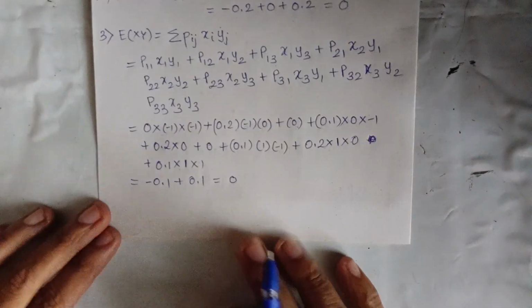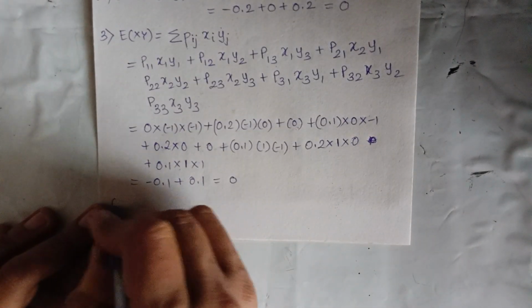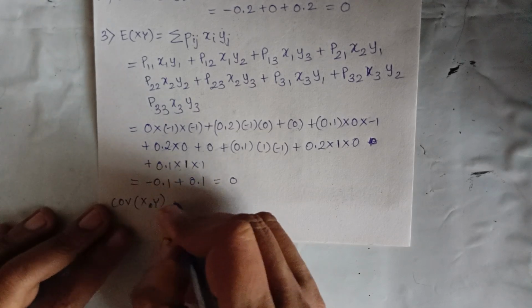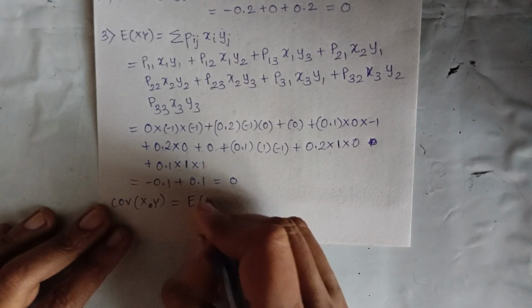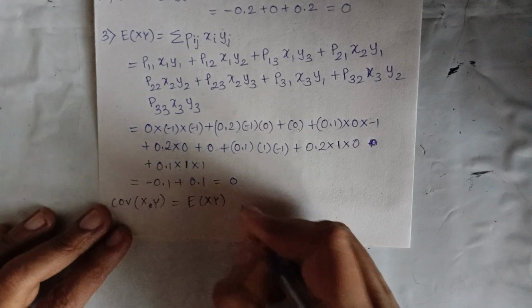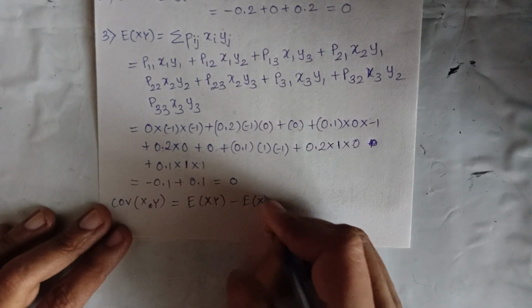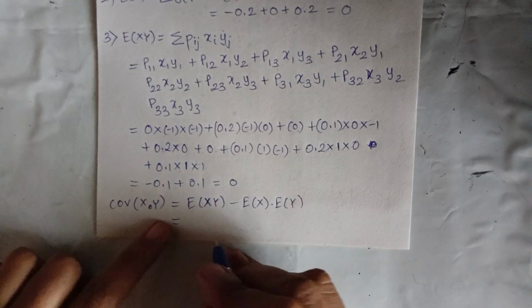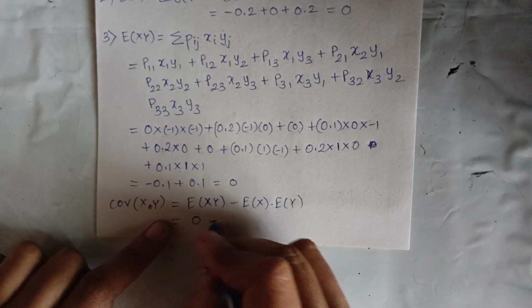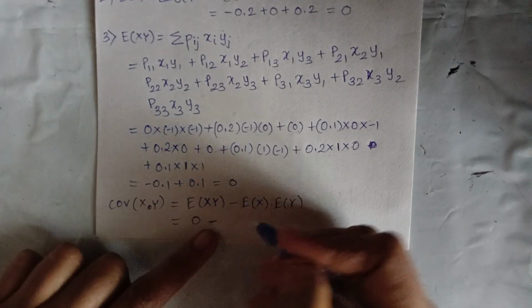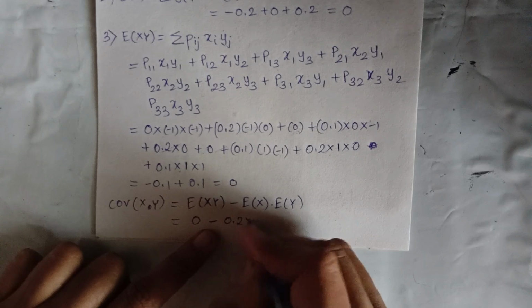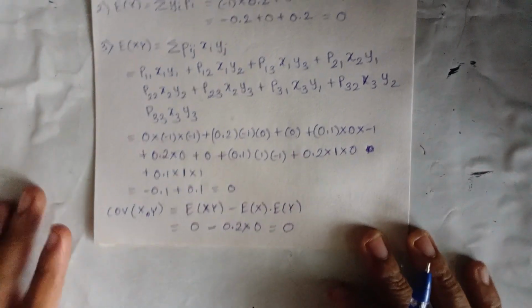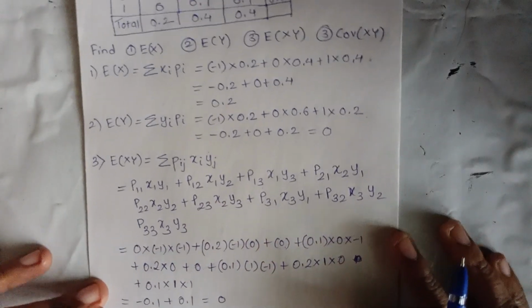Okay. Next you have to find covariance of xy. So this is E of xy minus E of x into E of y. Okay. Let's put the values. This is 0 and E of x is 0.2 and E of y is 0. So this is also coming 0.